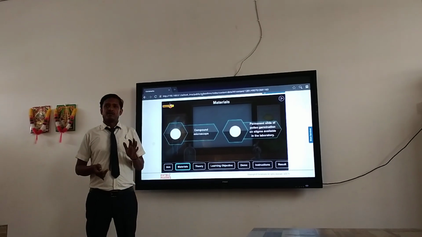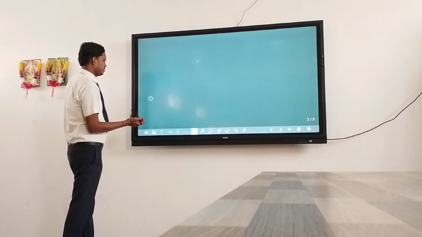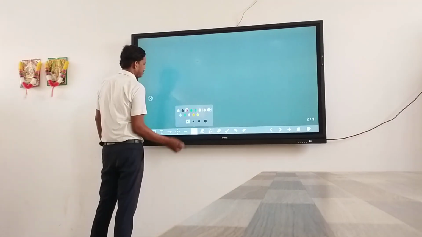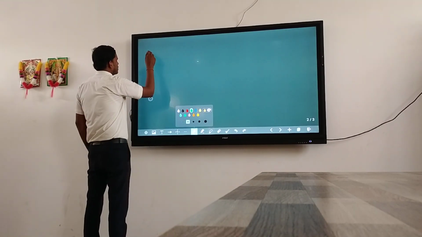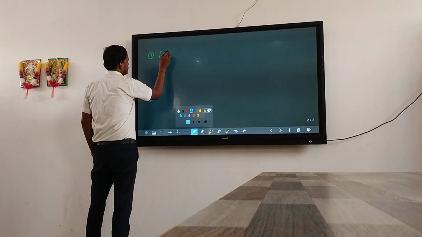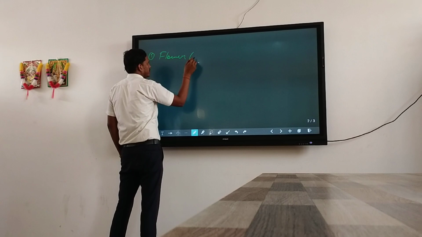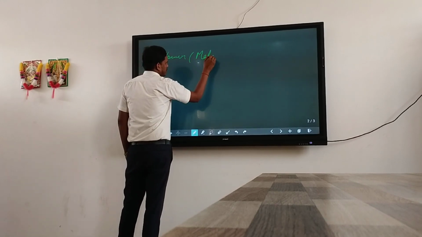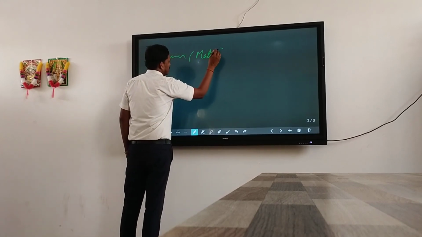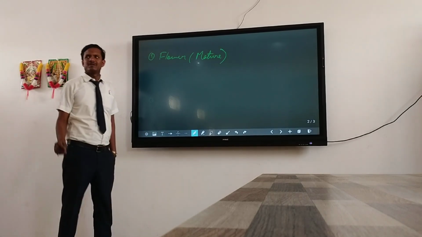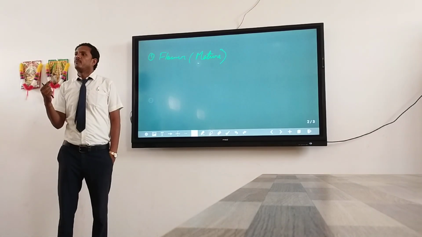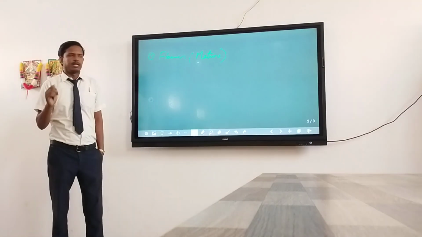and other raw materials that we need to perform this experiment. First is your flower. Flowers should be mature, so that you can easily obtain the pollen grain from the anther.